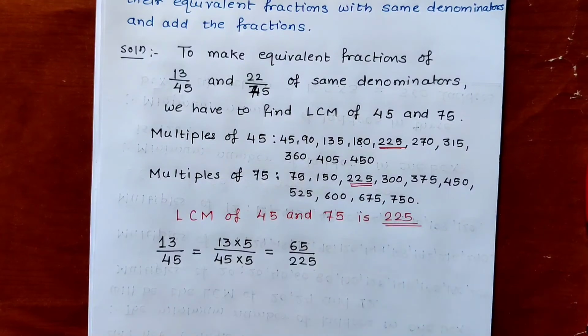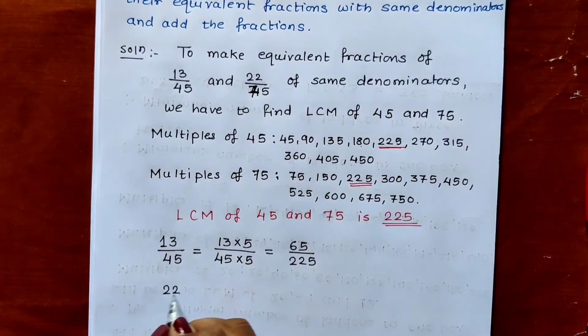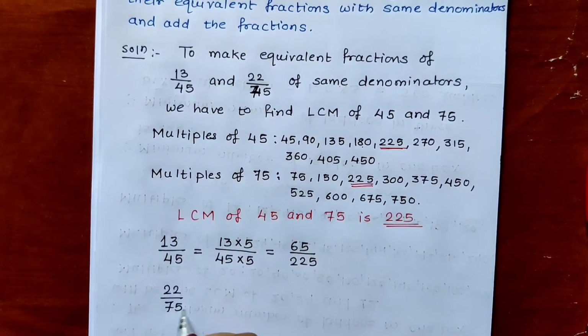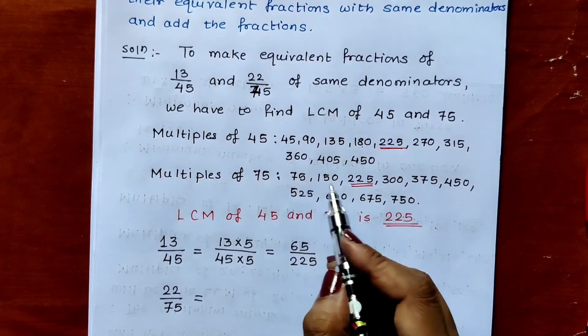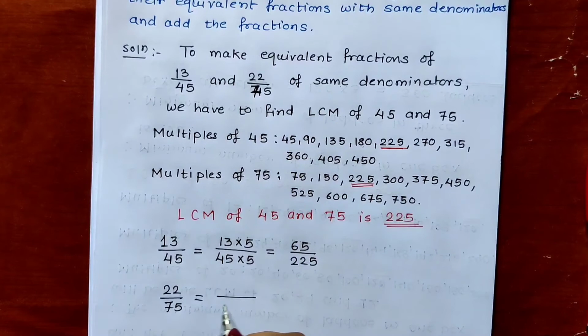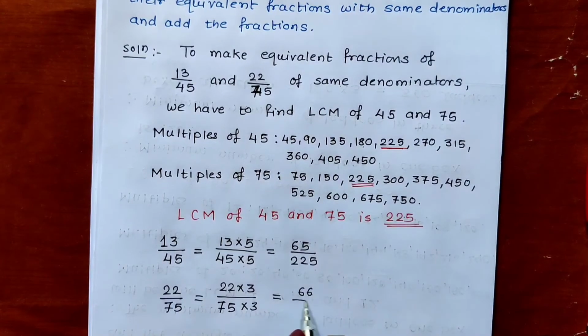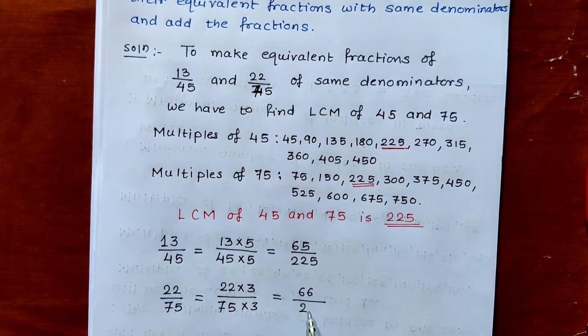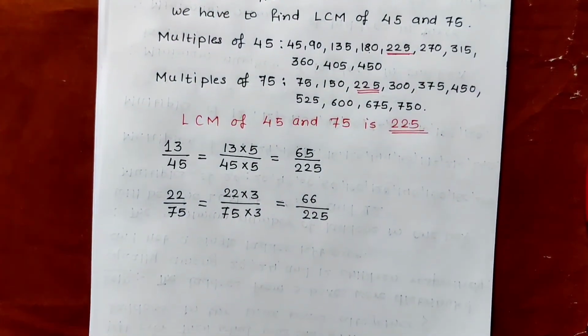Now let us write the equivalent fraction of 22 upon 75. 75 ones are 75, 75 twos are 150 and 75 threes are 225. As we are multiplying the denominator by 3, we have to multiply the numerator by 3 as well. 22 threes are 66 and 75 threes are 225. Now we have got the equivalent fractions.